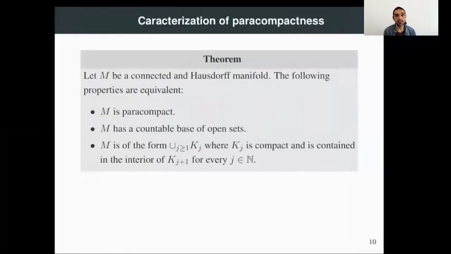And finally, the third condition is that M can be written as a union of compact subsets of M, the union of K_j, where j runs in the natural numbers, and K_j is contained in the interior of K_{j+1} for every j.